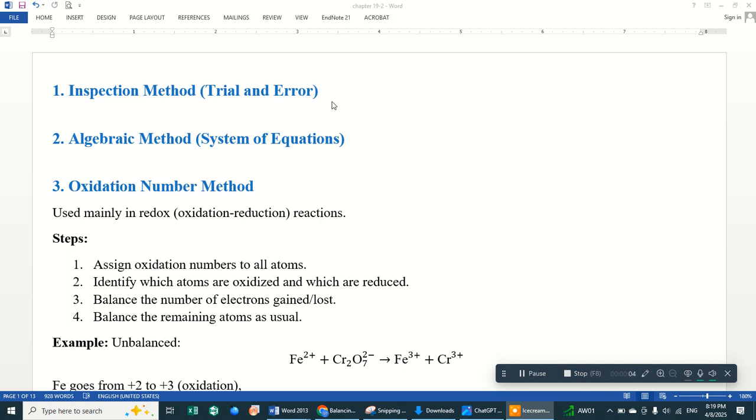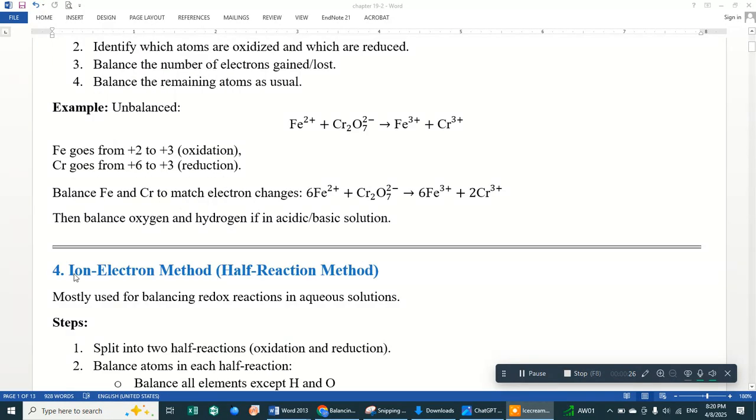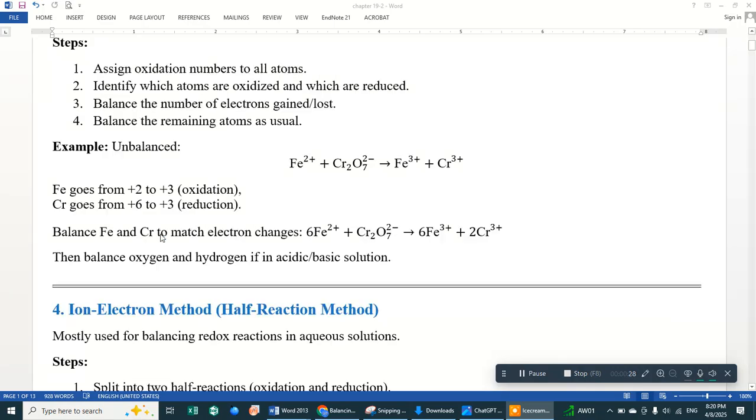Today we are going to discuss the different methods of balancing chemical equations. There are around four methods to balance equations: the inspection method, the algebraic method, the oxidation number method, and the ion electron method.